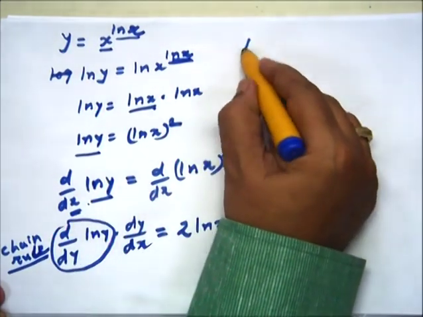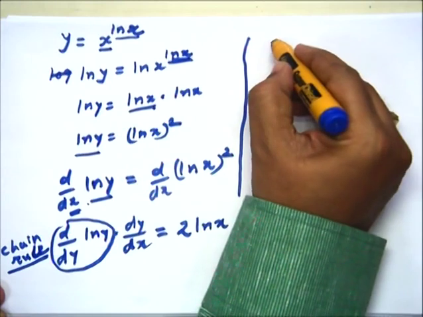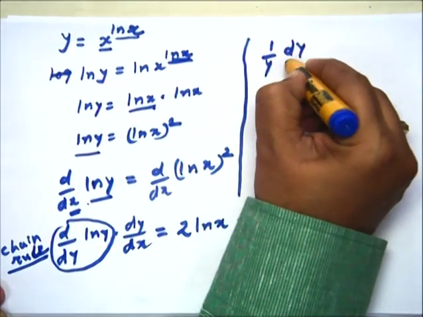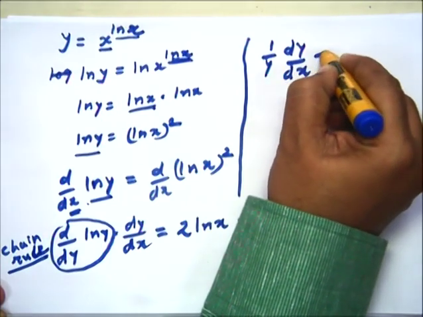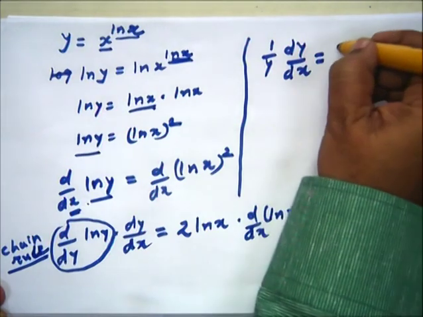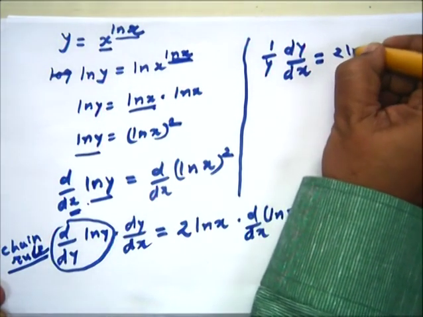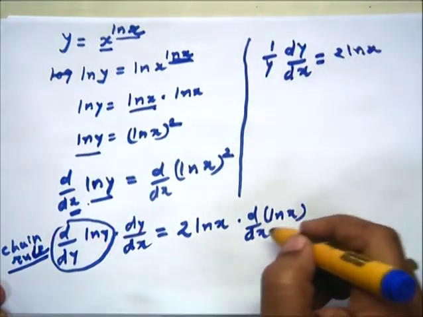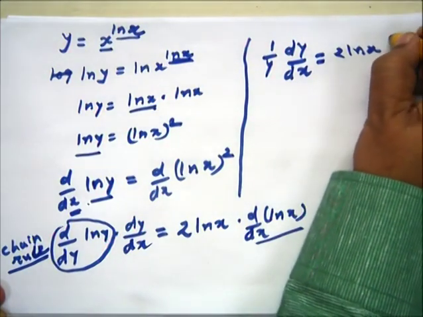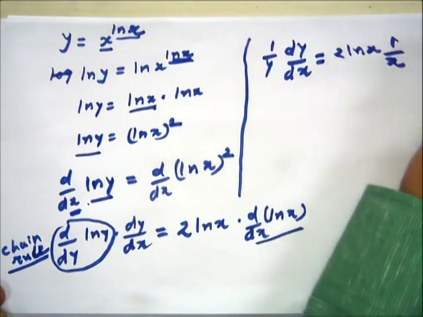So if we differentiate, 1 upon y into dy by dx is equal to 2 log x into the derivative of log x with respect to x, which is 1 upon x.